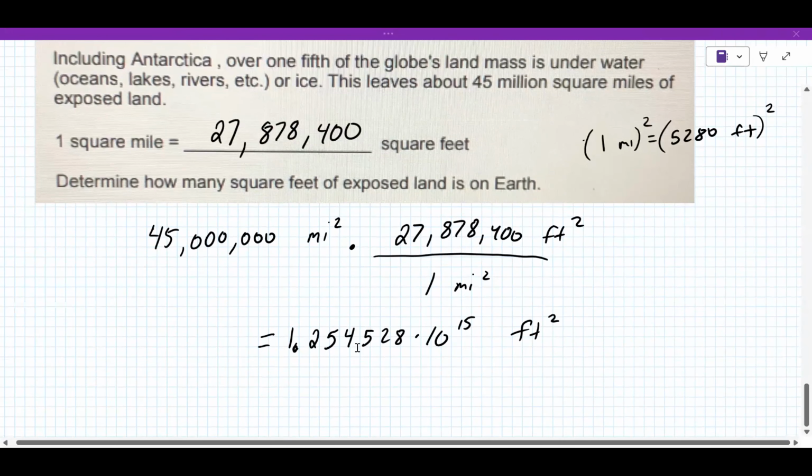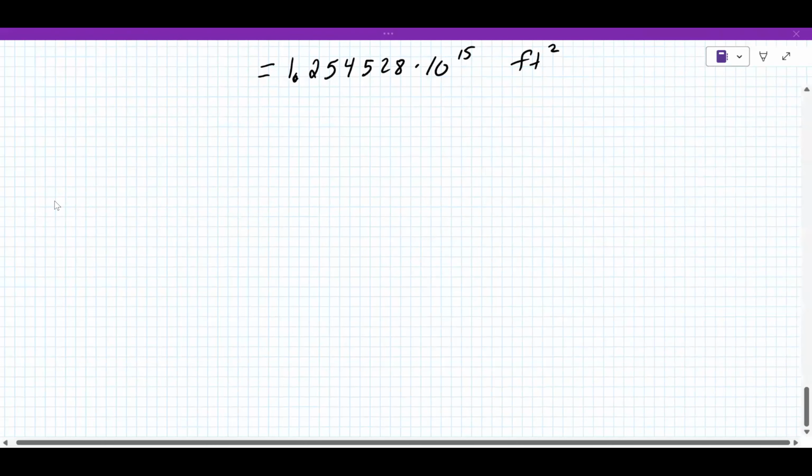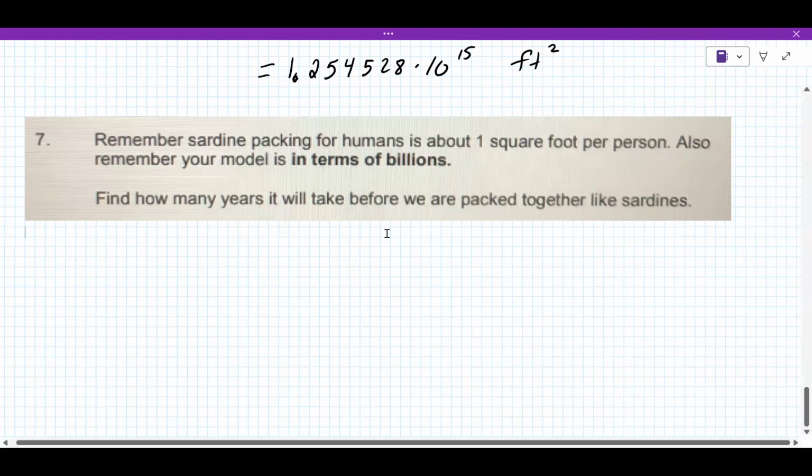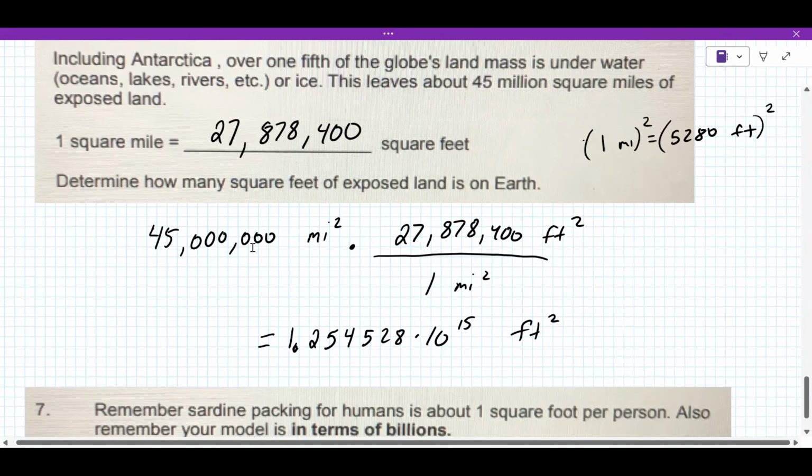All right. So the next step here is kind of the whole point of this, which is that there's a certain amount of habitable land. Wait, for 6, did you get 5.6352?